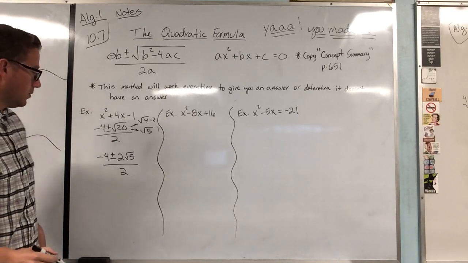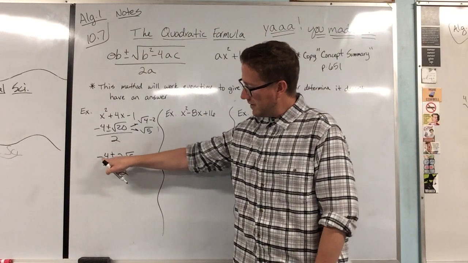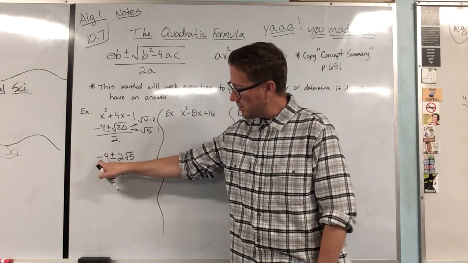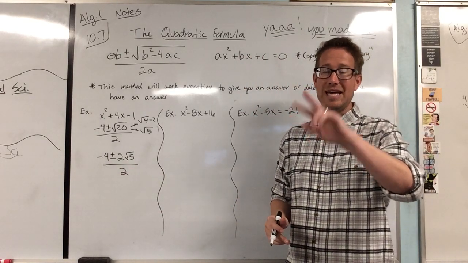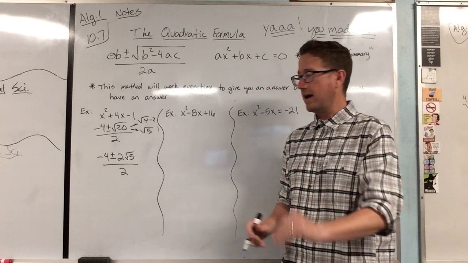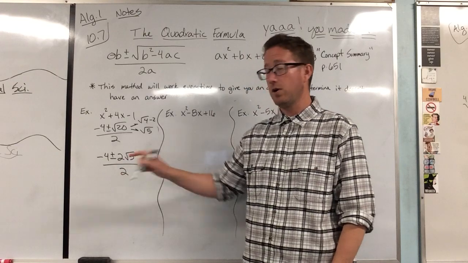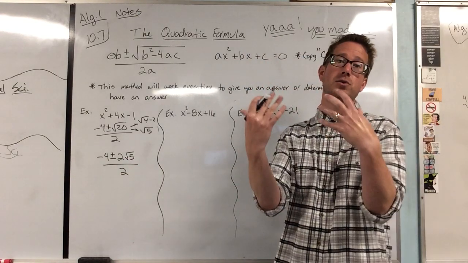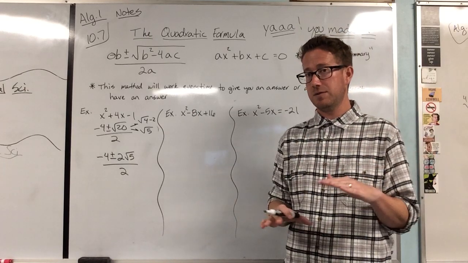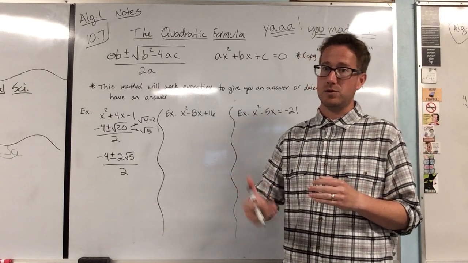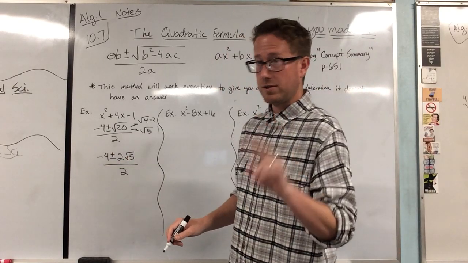Okay. Now, what you guys need to see, something extra here, is that all 3 of these numbers are divisible by the number 2. If all 3 values, here, here, and here, are all divisible by the same number, you can reduce all 3. If all 3 values are not divisible by the same number, you cannot reduce all 3 values. Okay? So all 3 of these are divisible by 2.